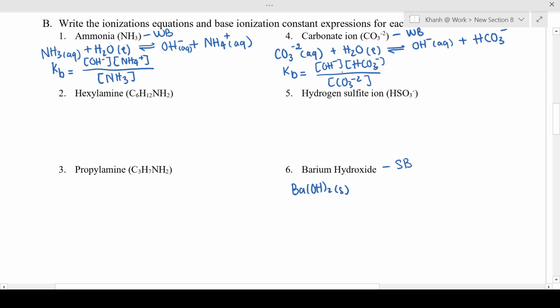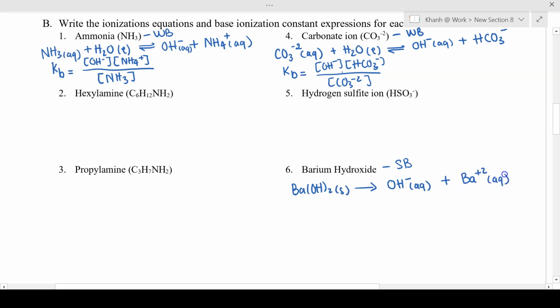And then because it's a strong base and it dissociates completely, I'm going to show that by writing down the one-way arrow. Now barium hydroxide will dissociate into OH minus, aqueous, that should always be one of our two products, and the other ion, which is barium +2.